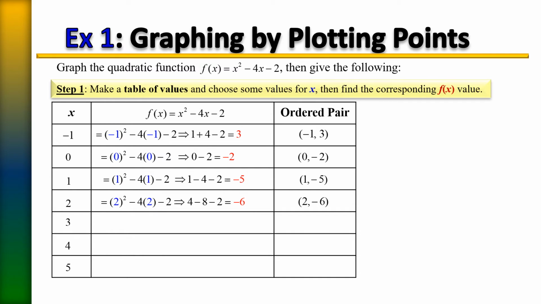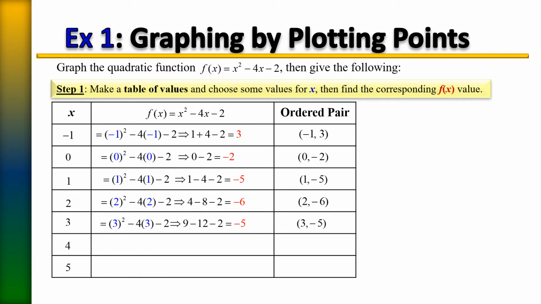So we have that ordered pair. Moving on, letting x be 3. 3 squared is 9. The middle term we're going to have is a -12. Combining those three numbers together will give us a -5 because a +9 and a -12 is going to give us a -3. -3 combined with a -2 is going to give us -5.